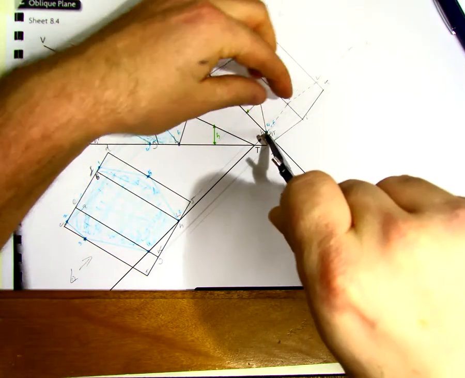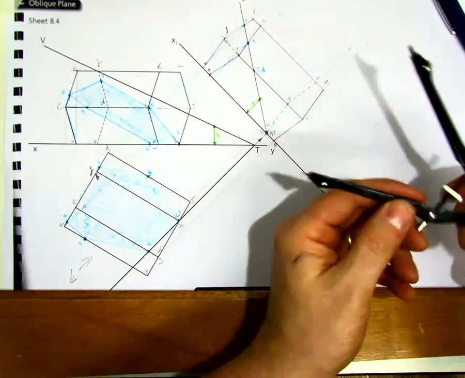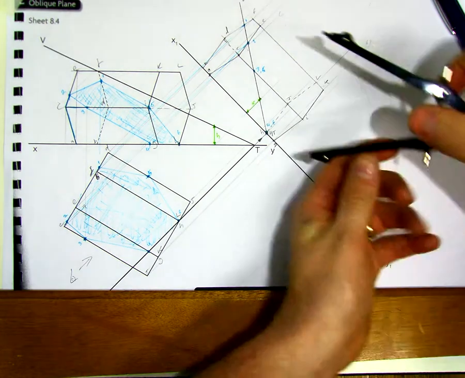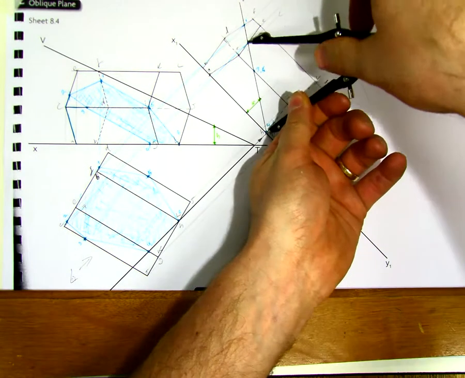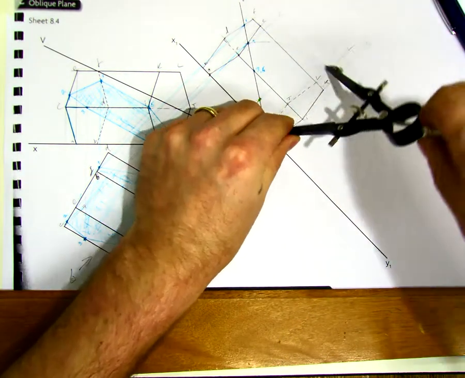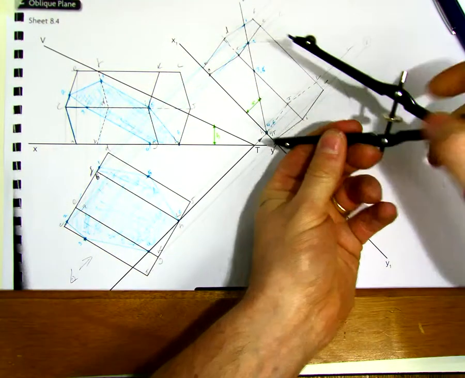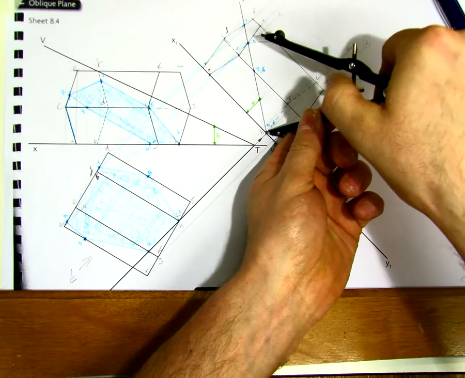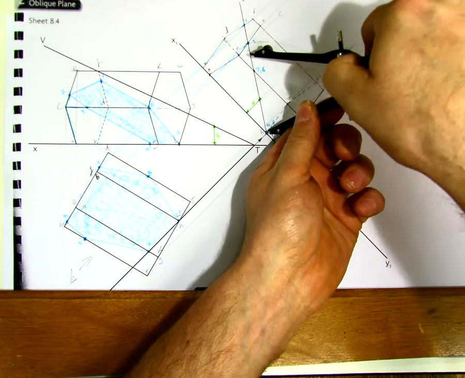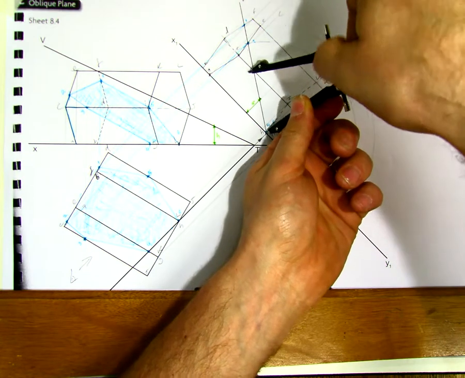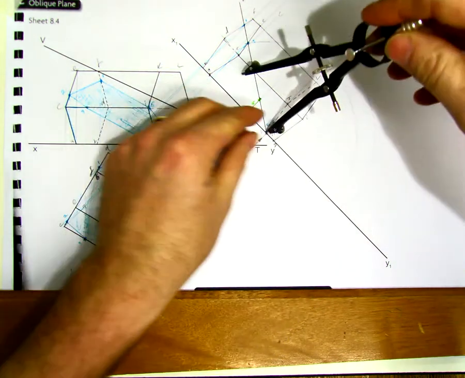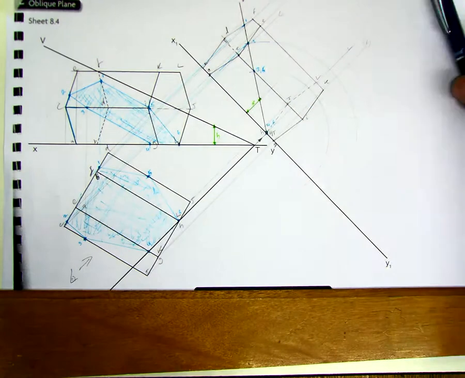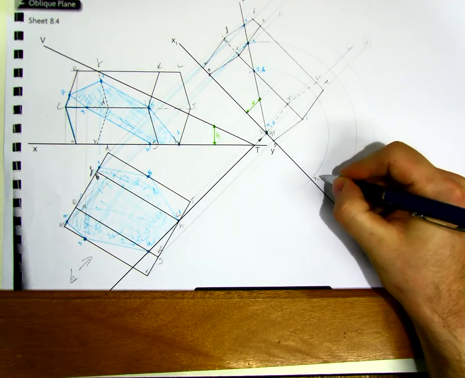So here's point 1. Point 2. Point 3 and 5. So we know 3, 5.